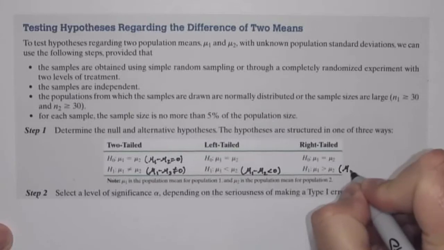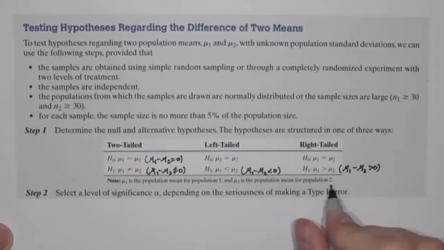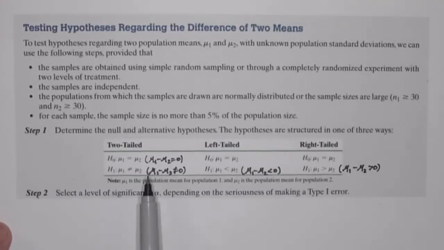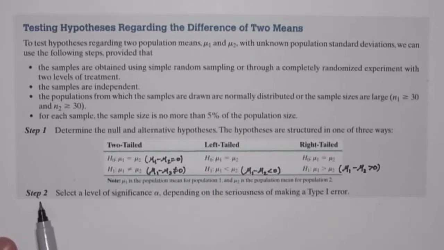And this might be mu1 minus mu2 is greater than 0. That's equivalent. So our textbook looks at it this way, but when we look at StatCrunch, it'll be mu1 minus mu2 equals 0 versus not equals to, less than, or greater than 0. Step 2, we'll select a level of significance alpha depending on the seriousness of making a type 1 error.